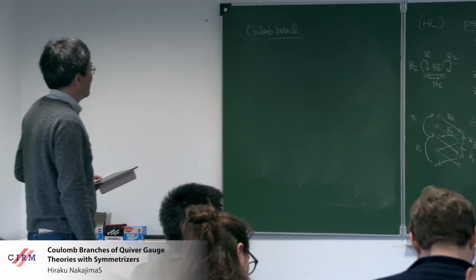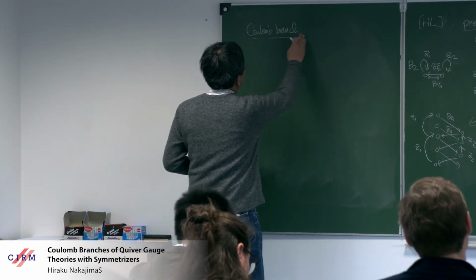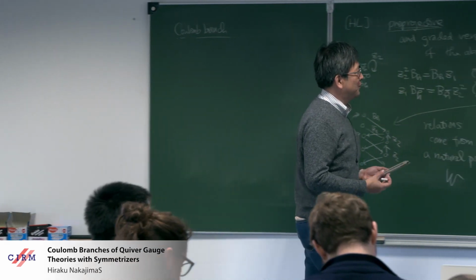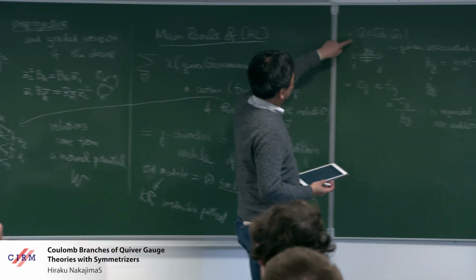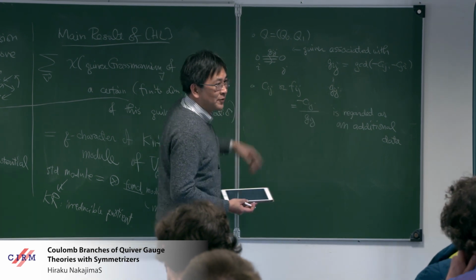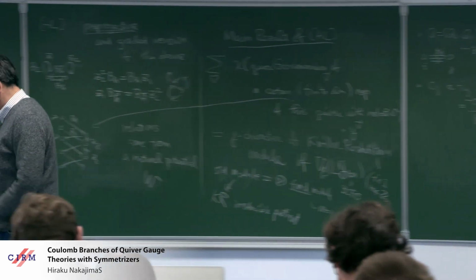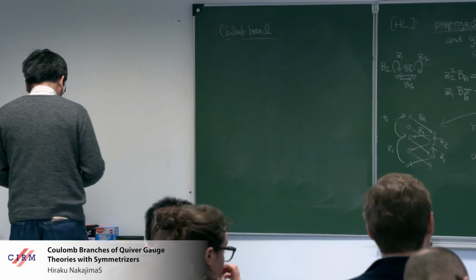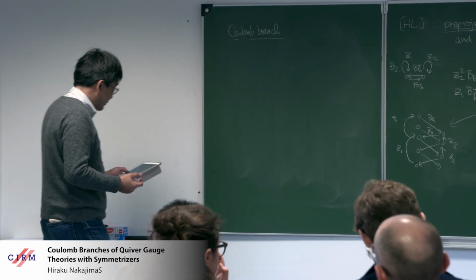And so this is some branch of some vacuum of some gauge theory. I think this is still a quiver gauge theory, and I add this additional data. So this is a variant of quiver gauge theory, or a quiver gauge theory with additional structure.